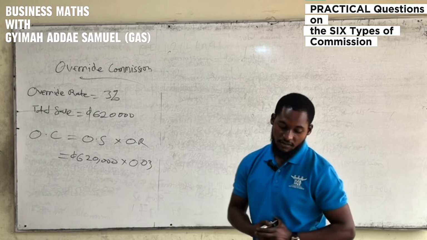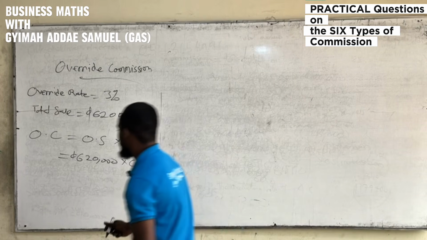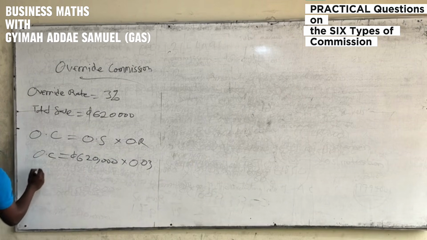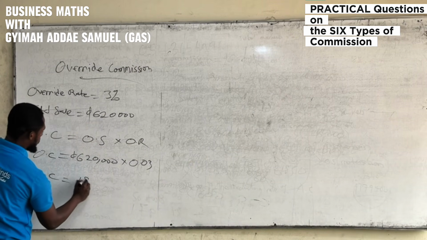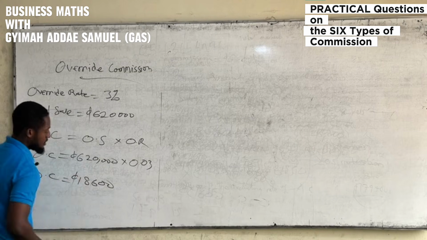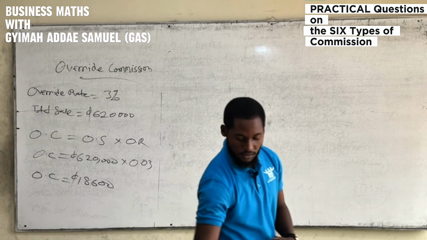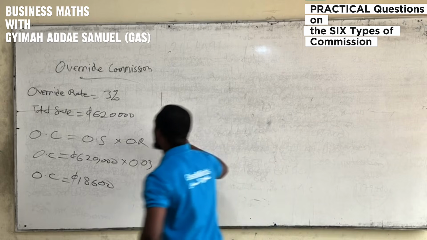So now the answer becomes 18,600. Override commission, OC, becomes 18,600 Ghana cedis.